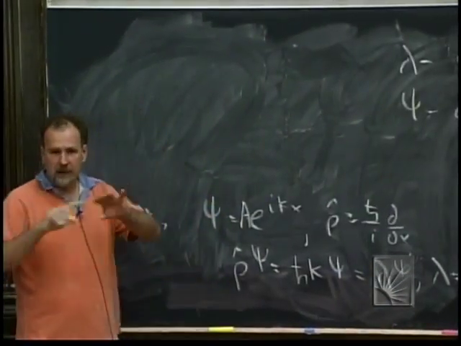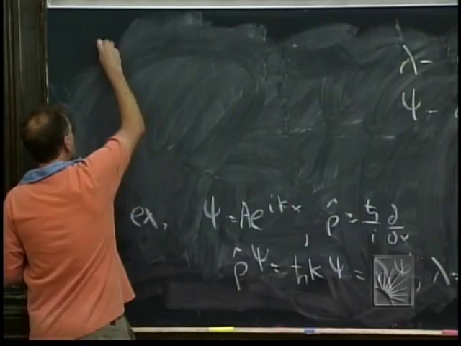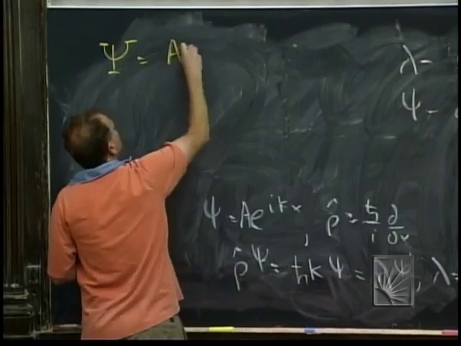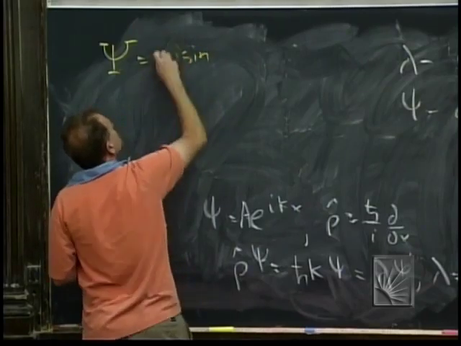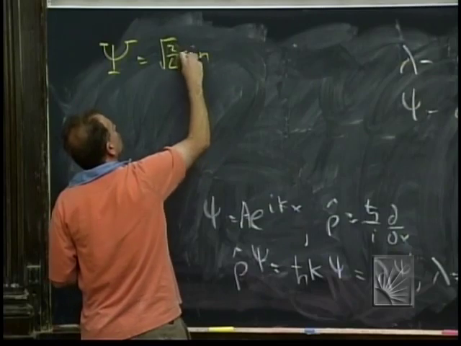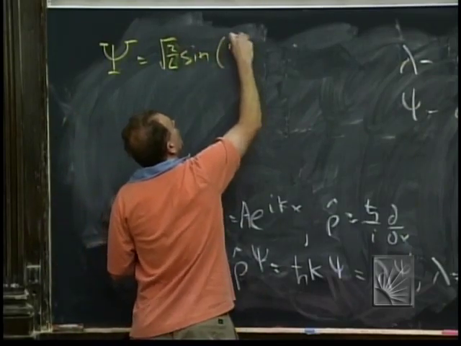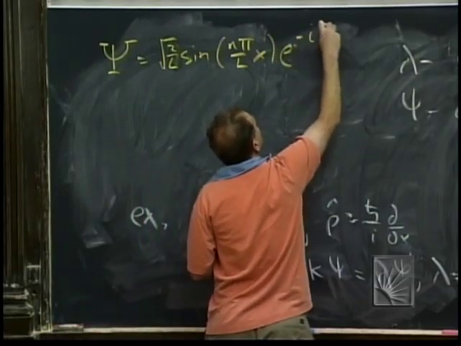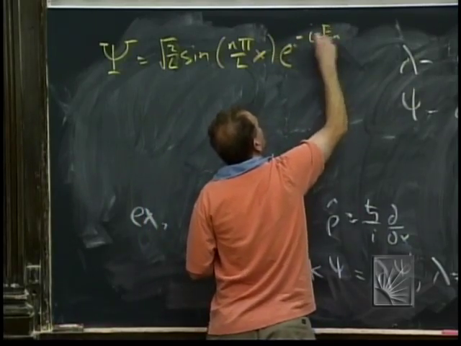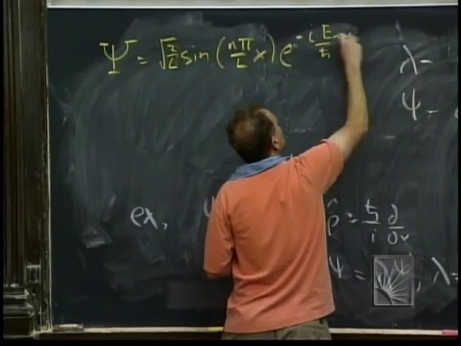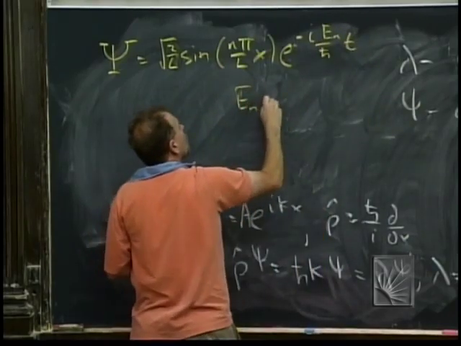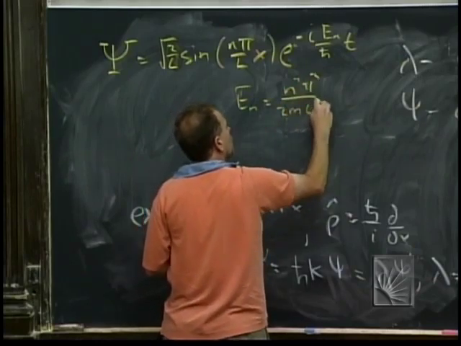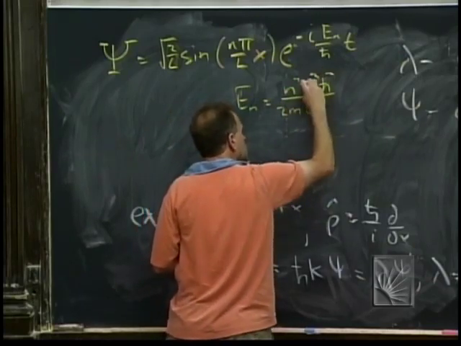Well, remember, I split off the energy and time parts, but the full thing, now I use capital psi, was the square root of 2 over L, sine of n pi over L x, times e to the minus i E sub n over h bar t, where E sub n was n squared pi squared h bar squared over 2m L squared.